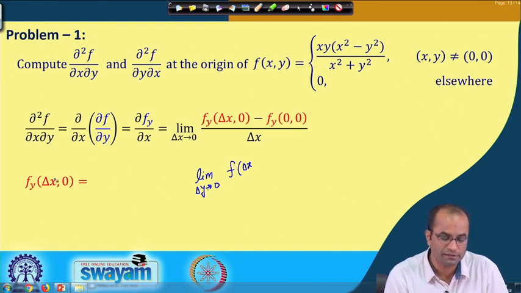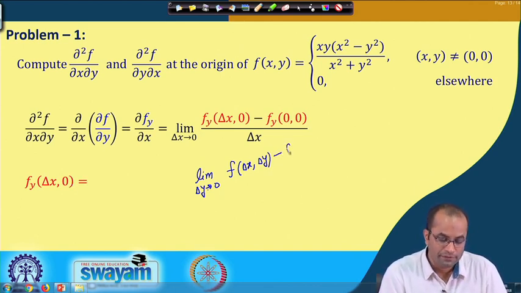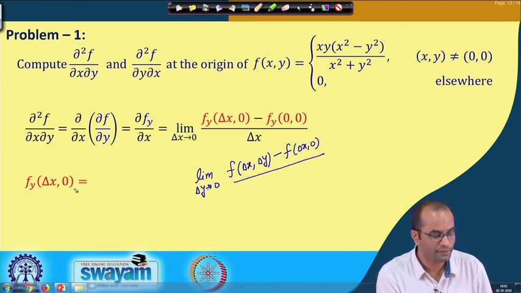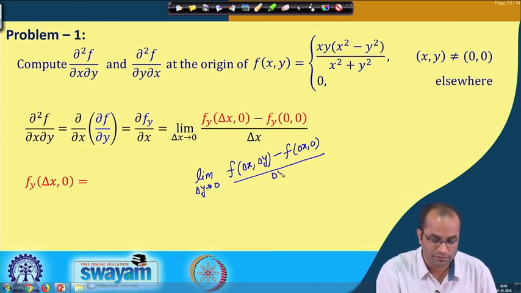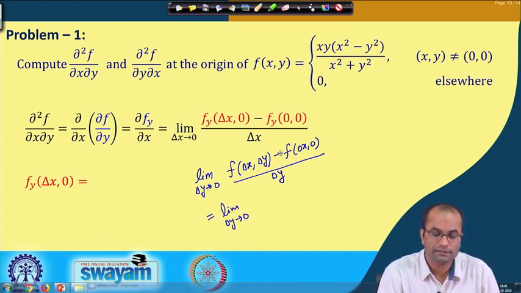Here we have 0 plus delta y, which I am writing just as delta y, minus the function value f(delta x, 0), divided by delta y, because we are taking the derivative with respect to y.